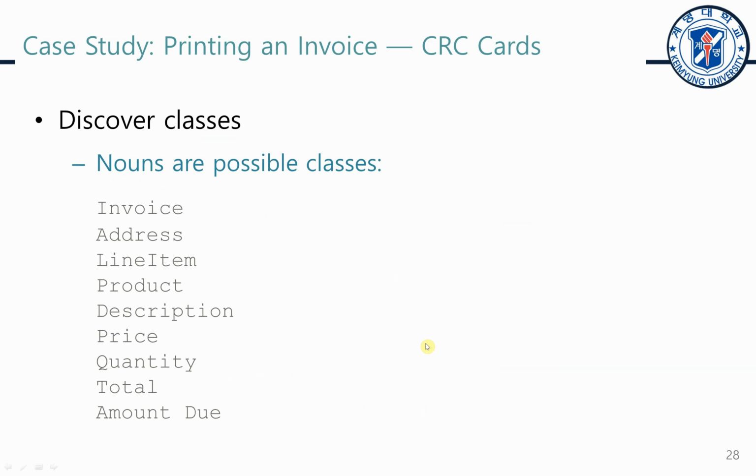We discover classes by listing out possible nouns. In this case, what are the possible nouns for this task? We have invoice, addresses, line item, product, description, price, quantity, total, amount due. All these things are possible nouns. That means all these things can be classes.